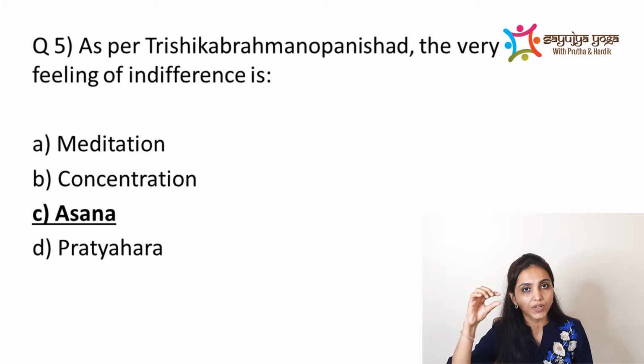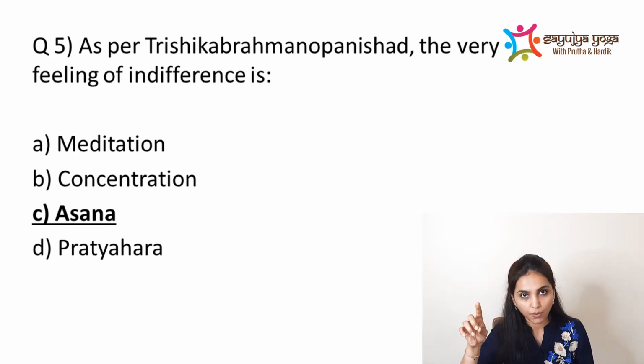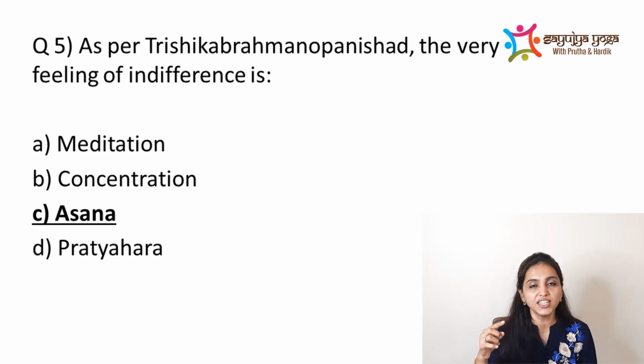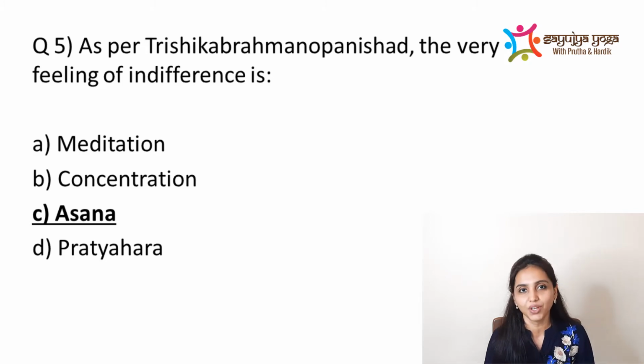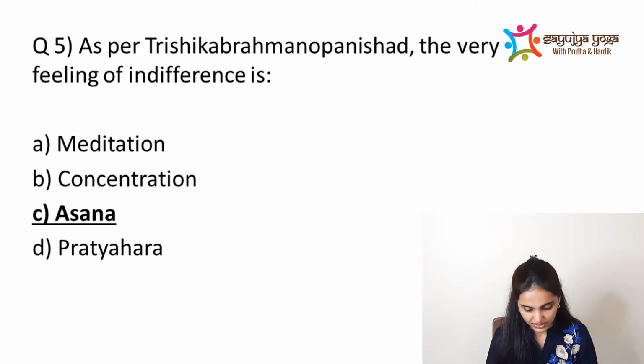There will be a Hindi drop down given. So if you don't understand English question, go to Hindi drop down, select the question in Hindi and then answer accordingly. Just because you don't understand what they are trying to ask or you don't understand the English in which they have asked, don't skip the question. Just remember one thing, go to Hindi drop down and find the correct question and correct answer for the same. So the answer is option number C, asana.